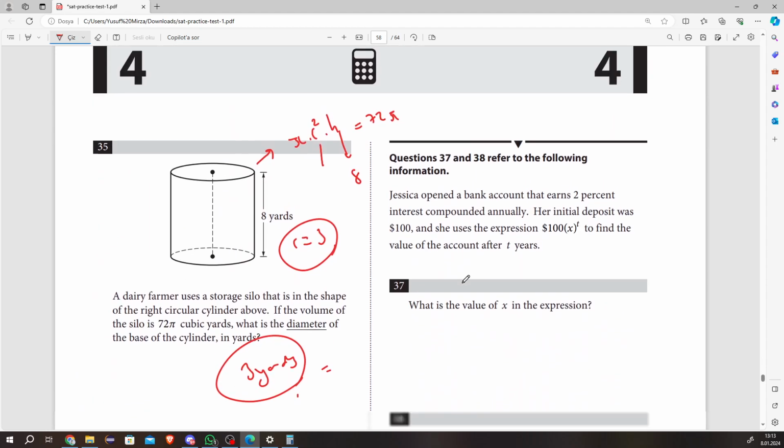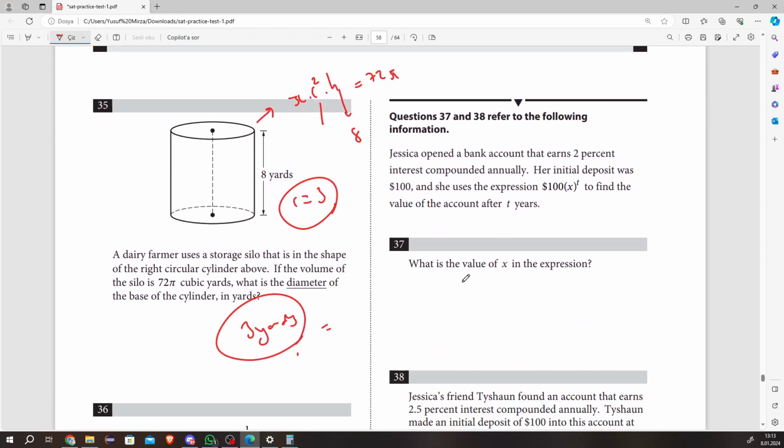That's it. Jessica opened a bank account at 2% annually. Her interest depends on time, and she used expressions to find the value of the account over the years. What's the value of this? T is the year and the deposit was given, and X means interest because you give the interest and it also multiplies with 3 years.